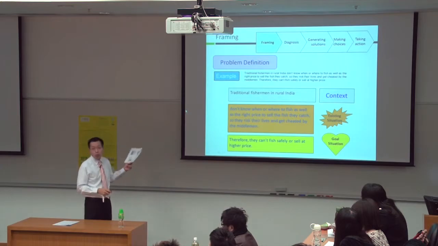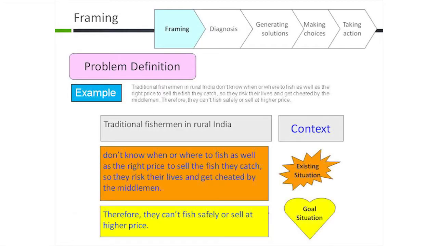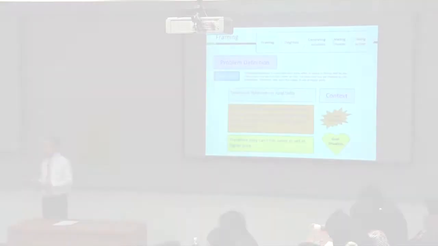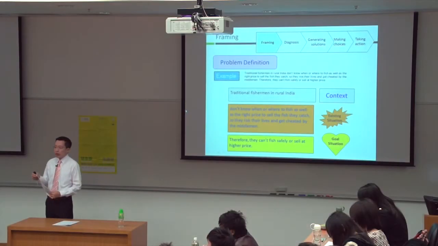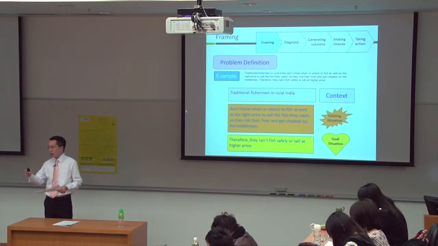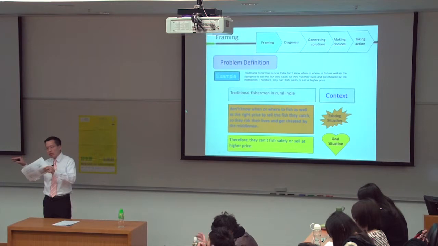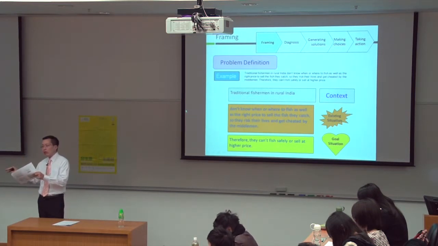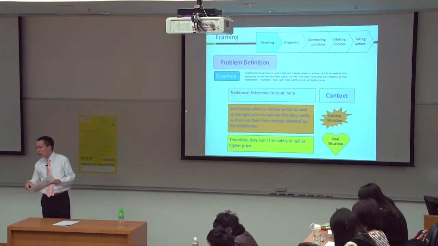So with the problem definition, now we want to frame it properly. Why is framing important? Because sometimes when we try to define a problem, we may not define it properly, and we need to rethink, think it twice. Think about how the problem can be stated or framed in a better way to communicate with people.